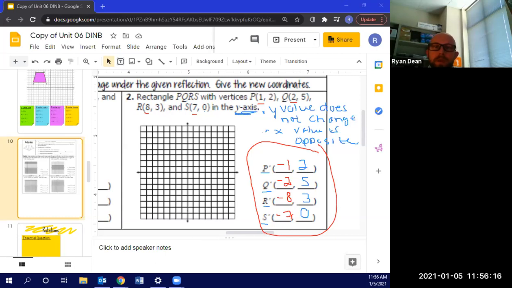Now I'm going to go through and plot these points. And in red here, I've got the y-axis lined out, so that way we know where we are reflecting our shape. This is the reflection mirror right here, the y-axis. The original shape: P is at +1, +2.